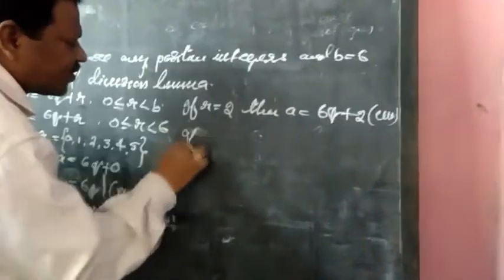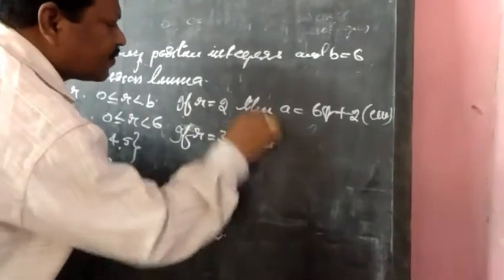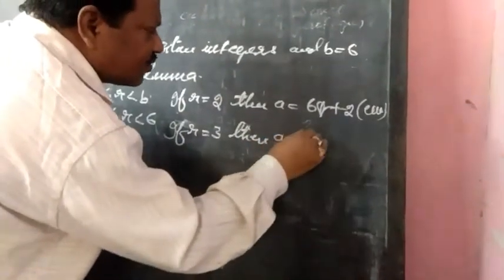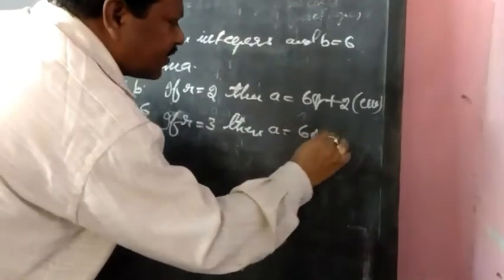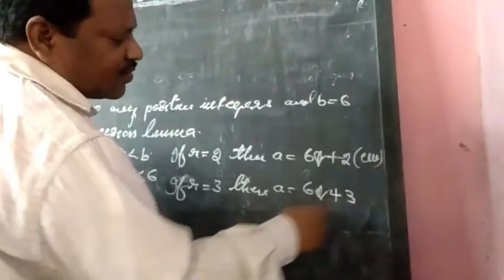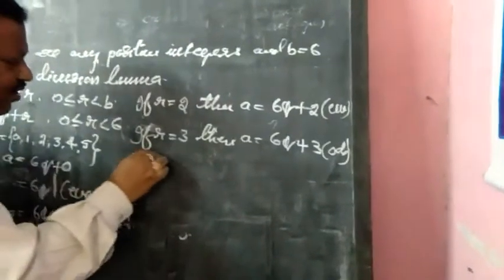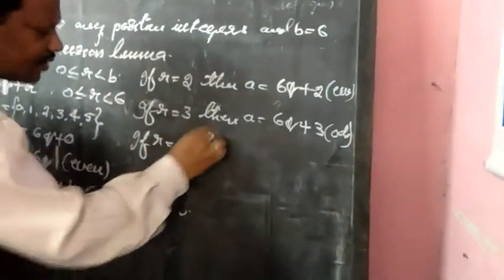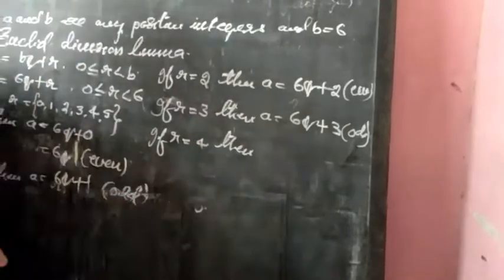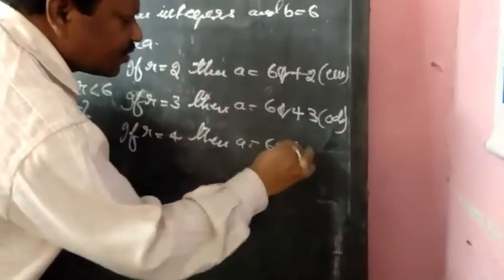If r equals 3, then a equals 6q plus 3. We observe that 3 is a factor, so 6q plus 3 is definitely an odd integer. Next, if r equals 4, then a equals 6q plus 4.